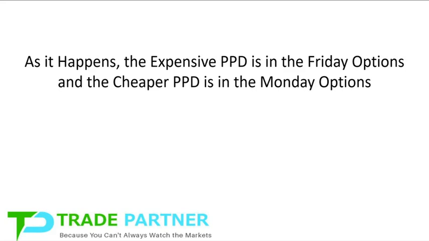The expensive PPD is in the Friday options right now, and the cheaper PPD is in the Monday options, even if volatility crashes. That's what exists, or at least it existed earlier today.